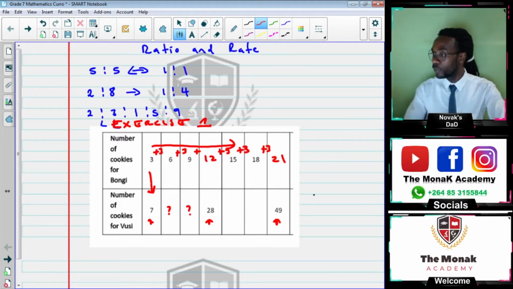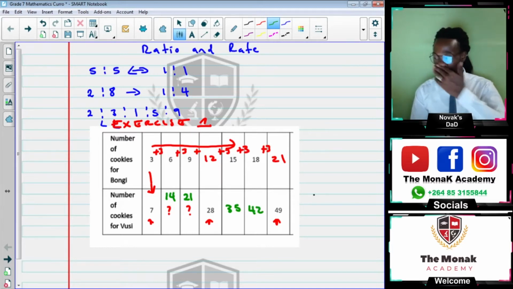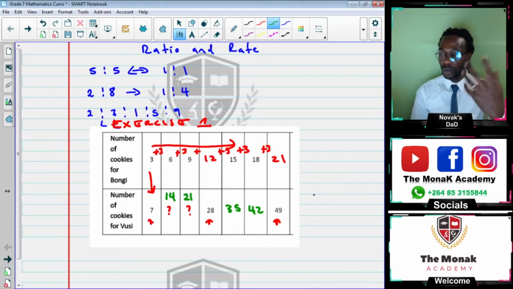So we want multiples of 7 here: 7, 14, 21, 28, 28 plus 7 is 35, the next multiple is 42, and 42 plus 7 is 49. Very easy. That finishes completing our table just by looking at the pattern of the numbers.